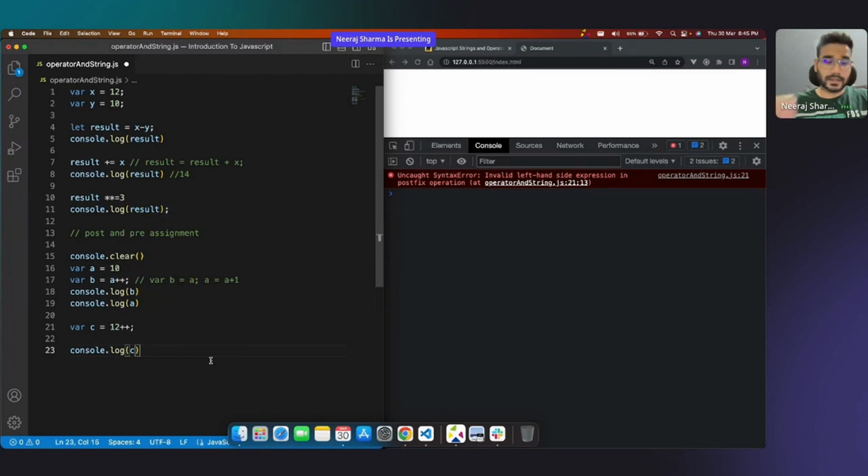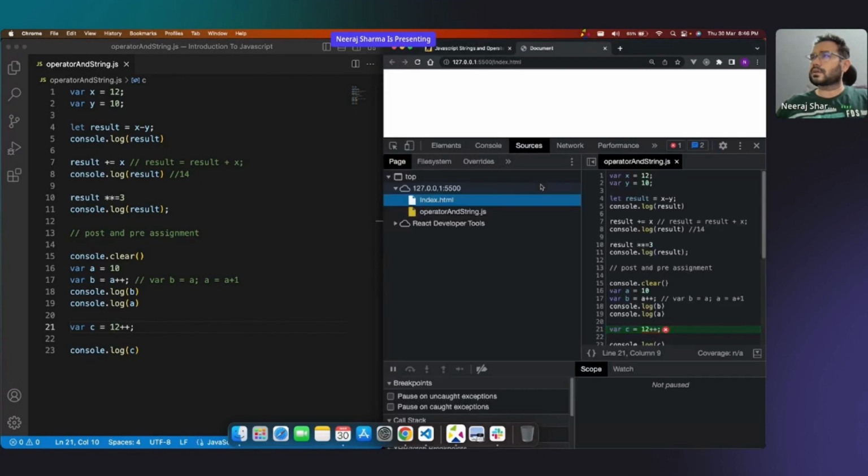Now tell me what c will be. What will be the value of c?